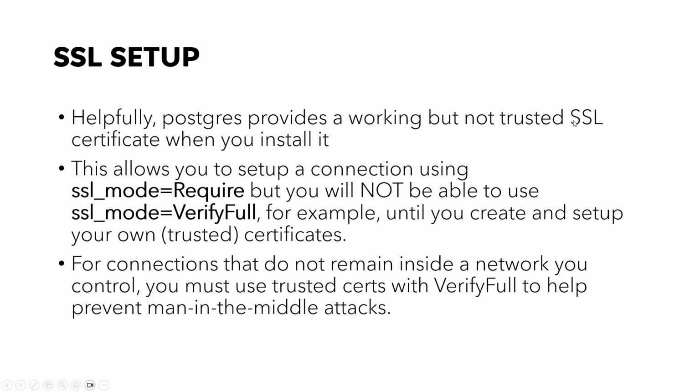You might be happy enough to use the snake oil certificate that you get by default, because if all of the connections run inside a private network and you're not really that bothered about it, then you can use SSL or even non-SSL if you want.